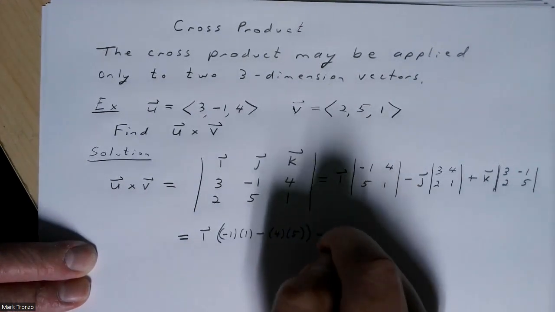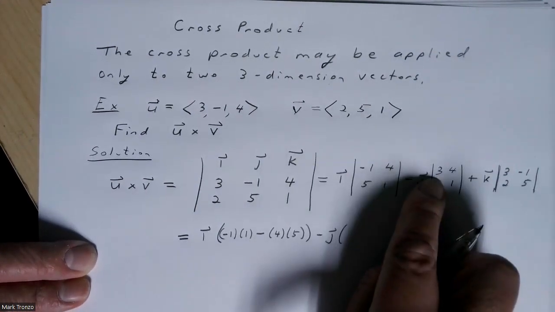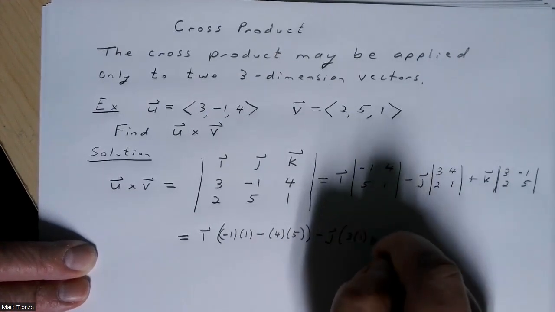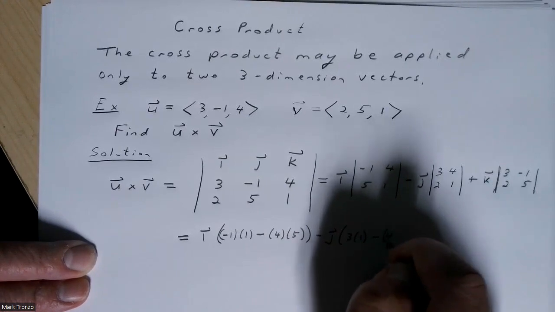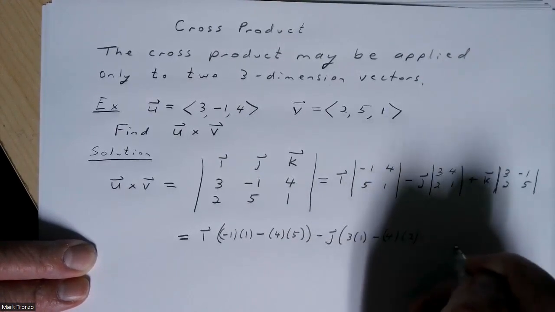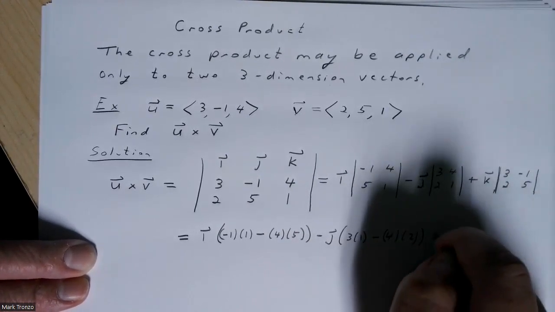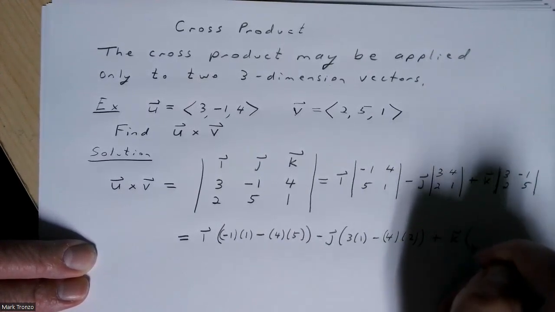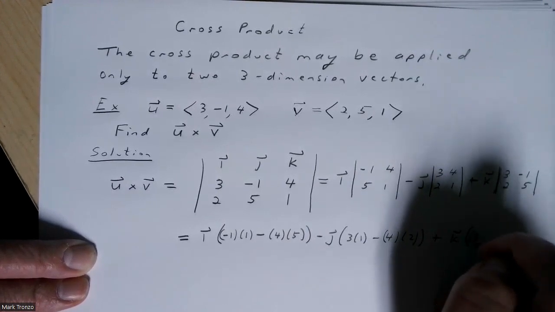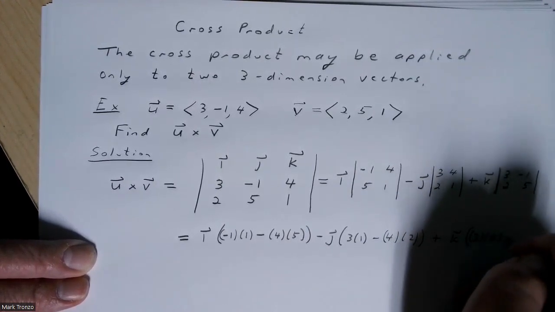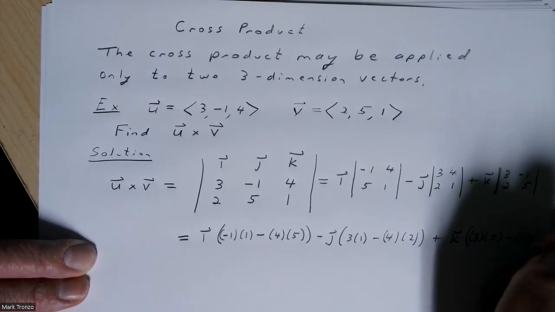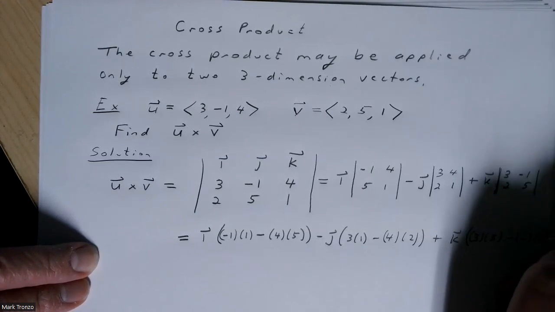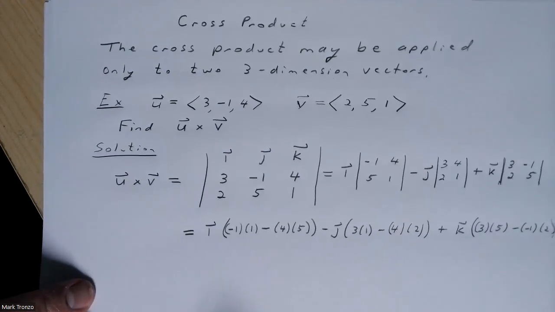The next one's a minus J: upper left times lower right, minus upper right times lower left. And then K: upper left, lower right, minus upper right times lower left.